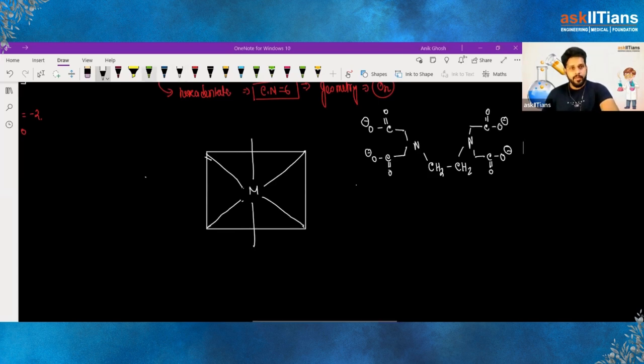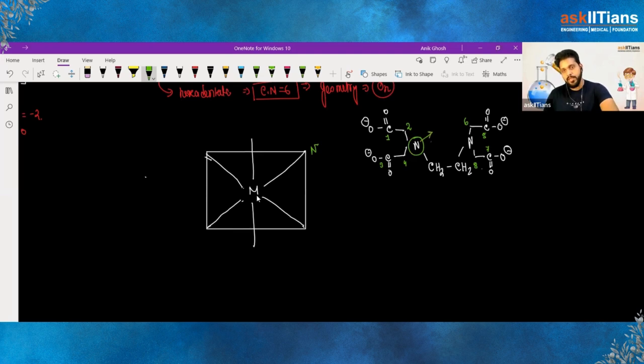Now, let's number them up. Carbon number 1, carbon number 2, carbon number 3, carbon number 4, carbon number 5, carbon number 6, carbon number 7, carbon number 8. Okay? I'm numbering them out, guys, for your convenience only. Now see, this is the nitrogen I'm gonna draw first.